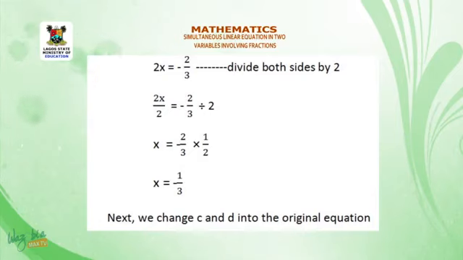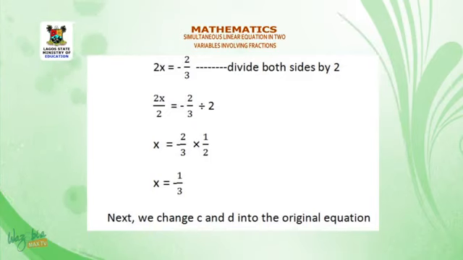Divide both sides by 2. 2x over 2 is equal to minus 2 over 3 divided by 2. X is equal to minus 2 over 3 times 1 over 2. X is equal to minus 1 over 3.